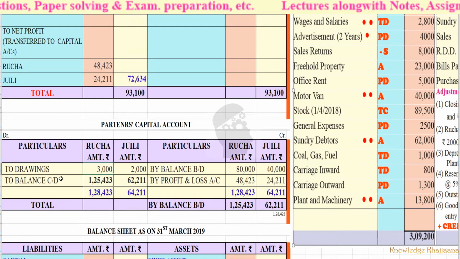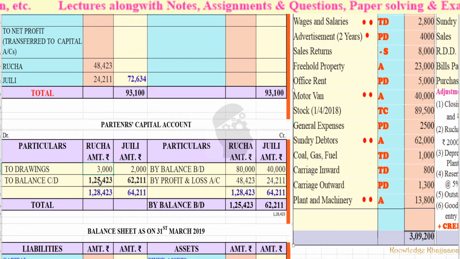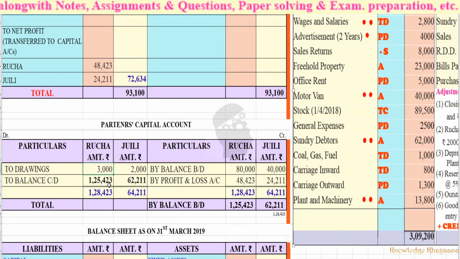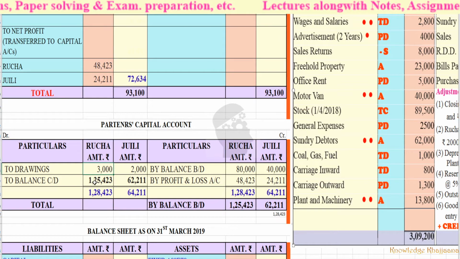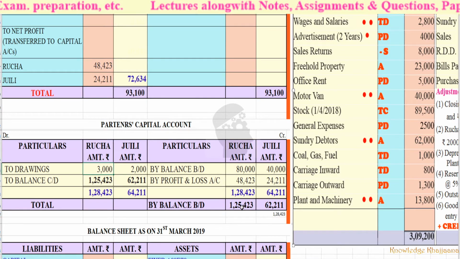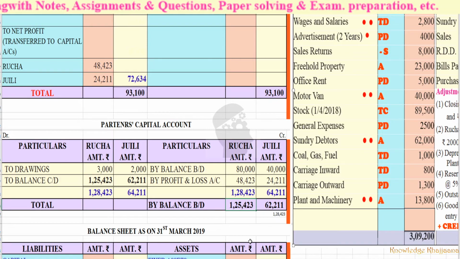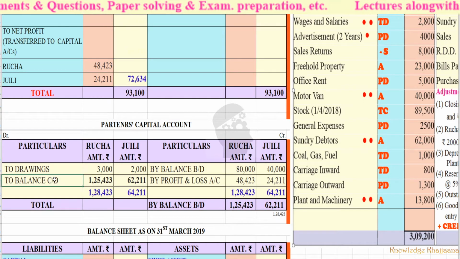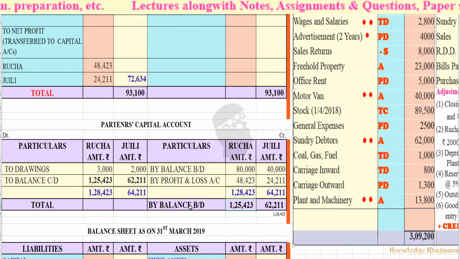So the balance amount of capital of Rucha is rupees 1,25,423. Okay, so we'll carry this balance amount by balance brought down for the next year. By balance carried down, closing amount for this year, opening amount for next year, but that is by balance brought down.